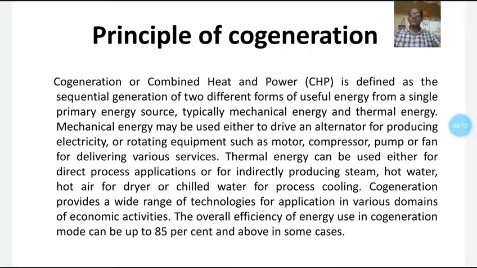Now cogeneration or combined power cycle is defined as the sequential generation of two different forms of useful energy from a single primary energy source, typically mechanical energy and thermal energy.